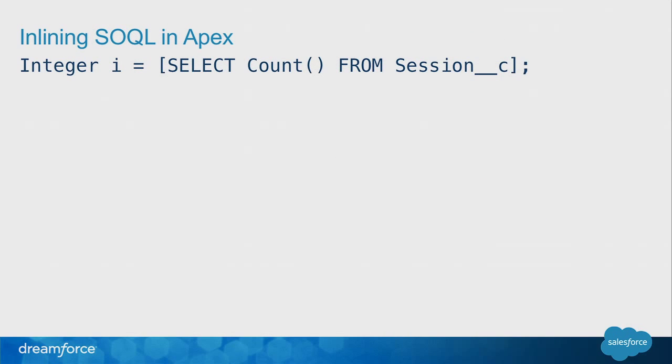So again, as I was saying, we can do inline SOQL in Apex. If I want to do an aggregate SOQL query, I could say integer i equals select count from session. That's going to return back an integer.